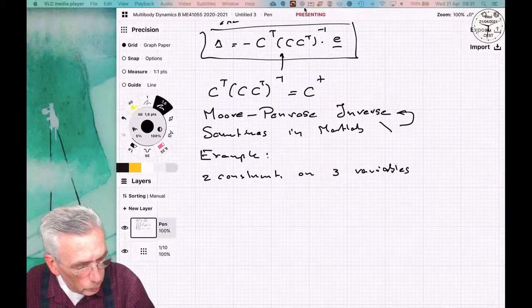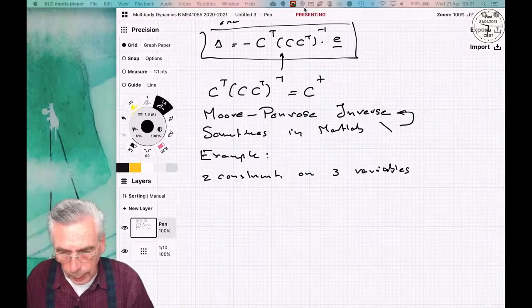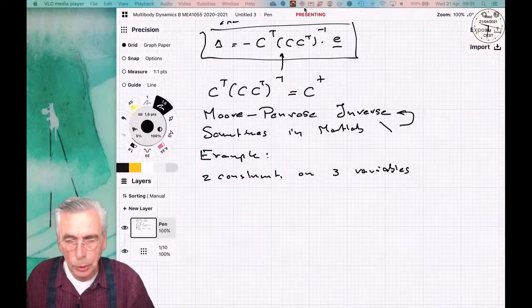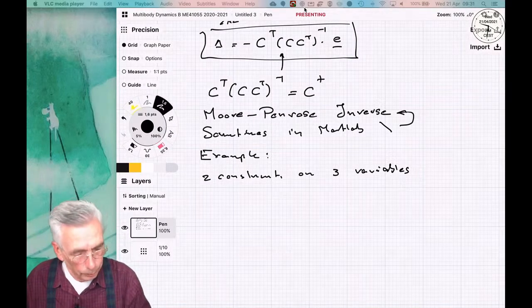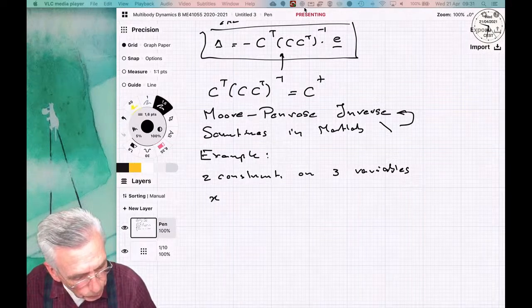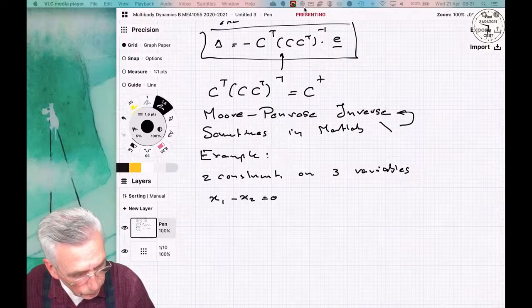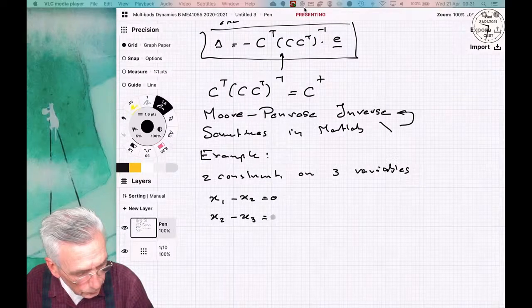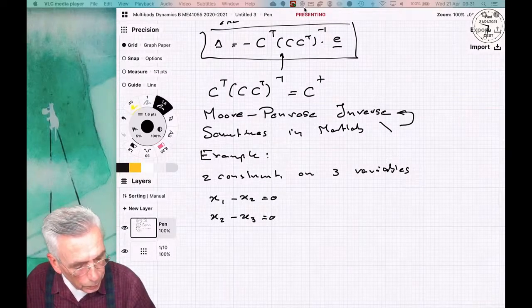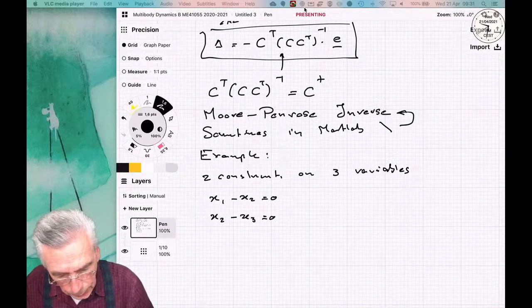And for now I do very simple linear constraints, just to show this one step. And what are the two constraints? Well, the first equation is x1 minus x2 is 0, and the second equation is x2 minus x3 is 0. Okay? So I have 3 variables, x1, x2 and x3, and these are the equations.